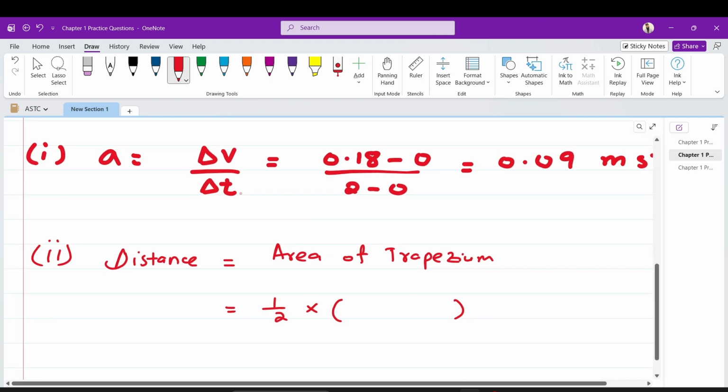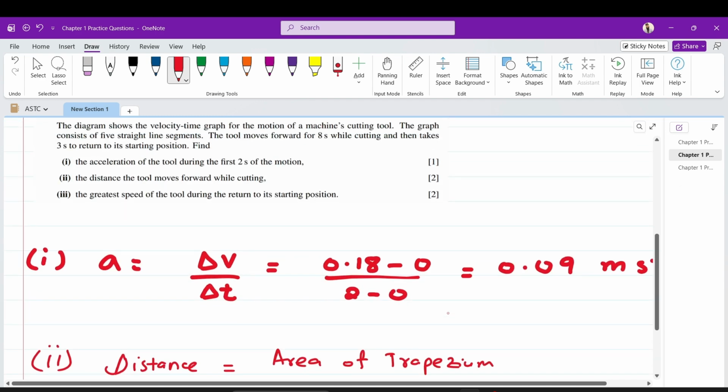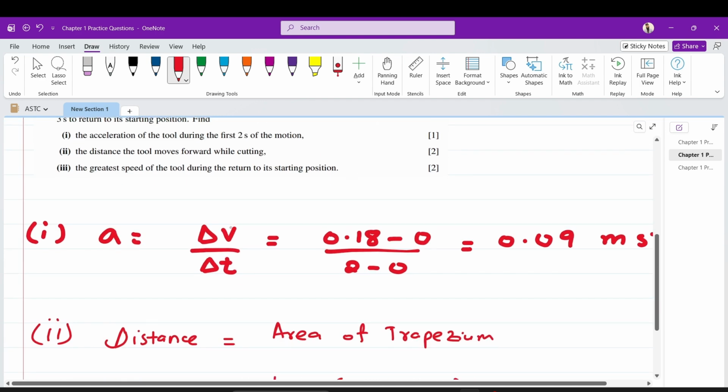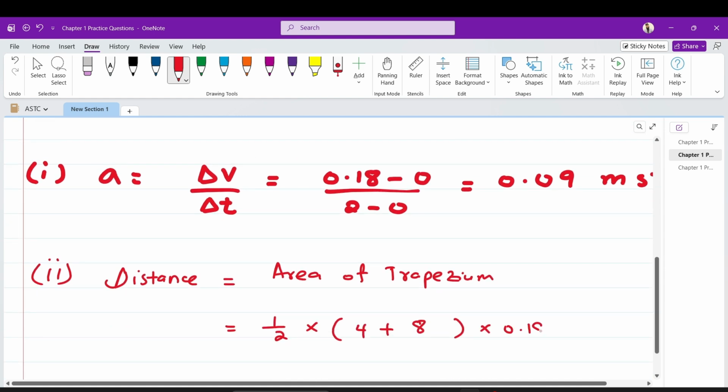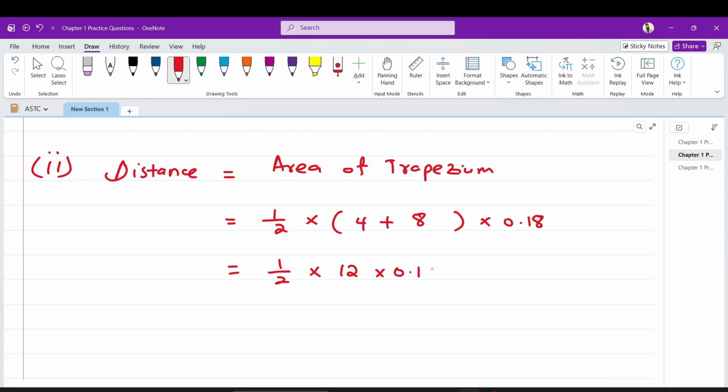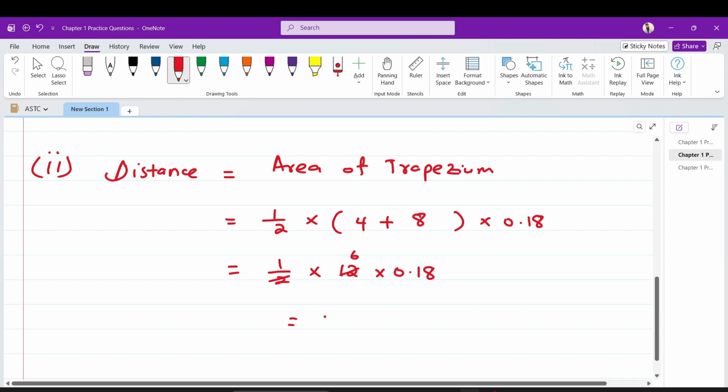So this will be 4 plus 8 multiplied by the vertical distance between them, okay, that is 0.18. So that means 1 upon 2 multiplied by 12 multiplied by 0.18. So this cancels with this. So this becomes 6. 6 times 0.18 will give us 1.08 meters.